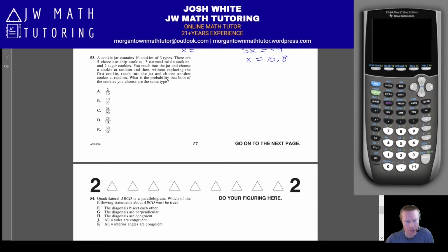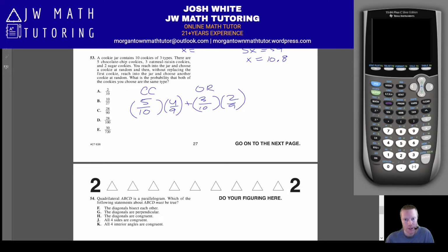So scenario 1 or outcome 1 is, what's the probability of selecting 2 chocolate chip? So that's just going to be 5 out of 10 on the first selection and then 4 out of 9 on the second one. And then the next one is oatmeal raisin, and so that would be 3 out of 10 and then 2 out of 9.